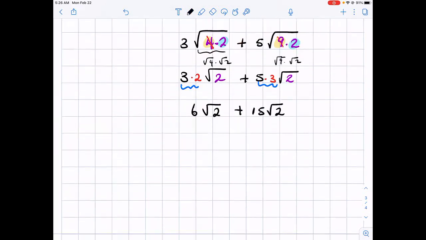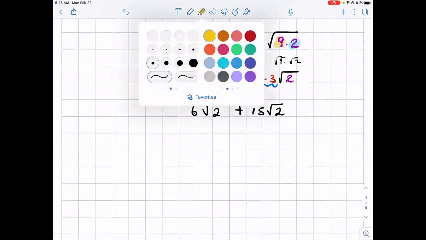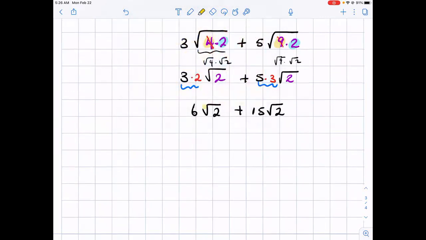So observe that my index is still a square root. And the index will not change throughout the problem. And now my radicands are the same.